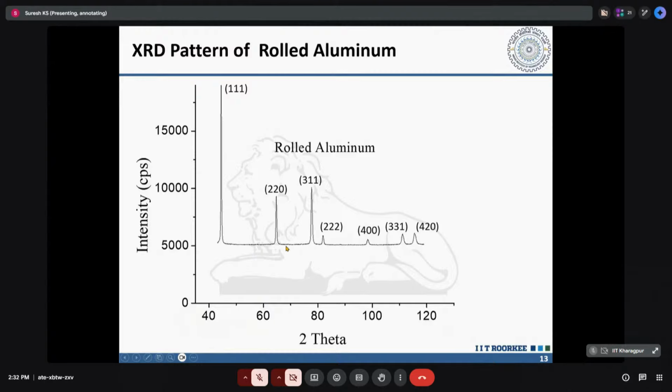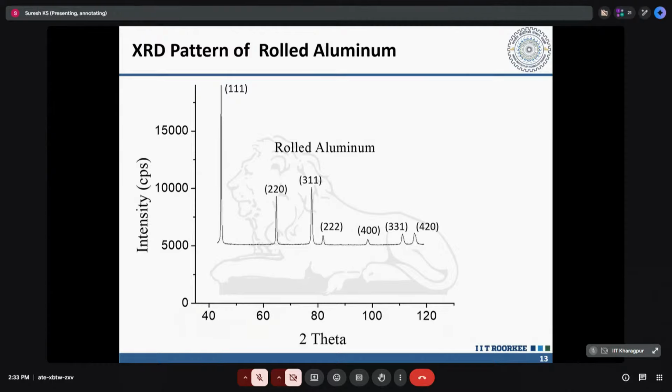One more thing to keep in mind: while acquiring such patterns, we don't always get the baseline at 0, but at some significant count values. This also needs to be considered while calculating the final pole figure. We will see in due course why you need 3 different pole figures for a cubic material, and this number increases to 5 for the hexagonal crystal system and about 7 for all other crystal systems.